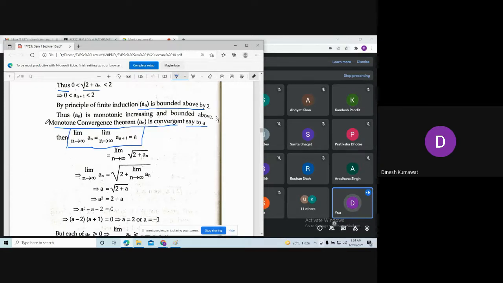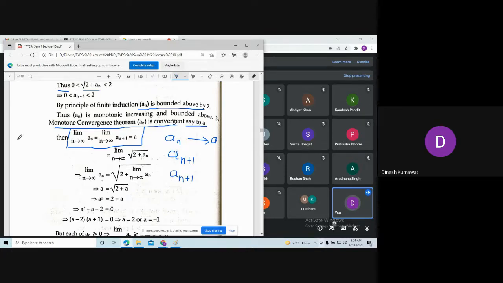Okay, so for suitably large n, if we are getting that an is converging to some particular number a, then this is also true for an plus 1, also true for an plus 2, and so on.